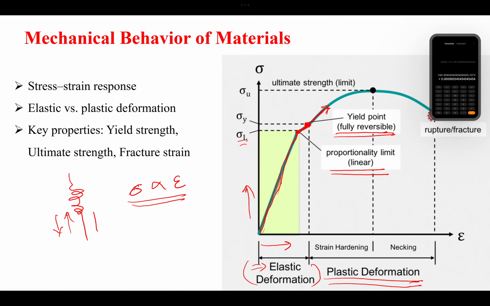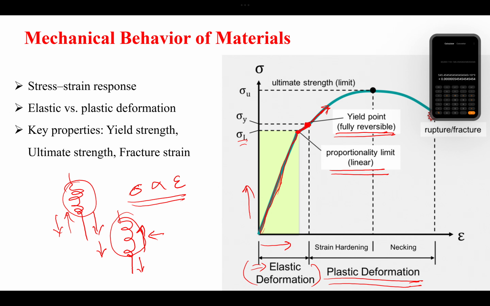So for example, you keep stretching this spring, there will be a point that once you release the force, the spring will be something like very opened, it will not be as congested as its initial case. Okay, so it has now entered into that plastic deformation region. It is not able to come back to its original position. All right, so that is what the plastic region means.